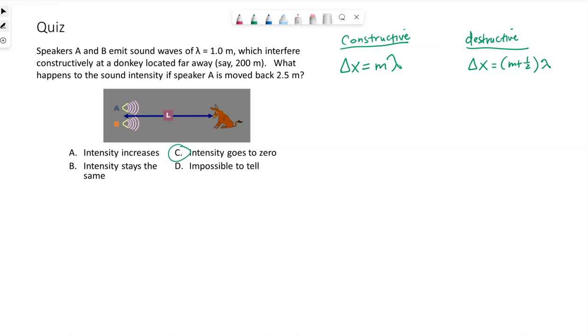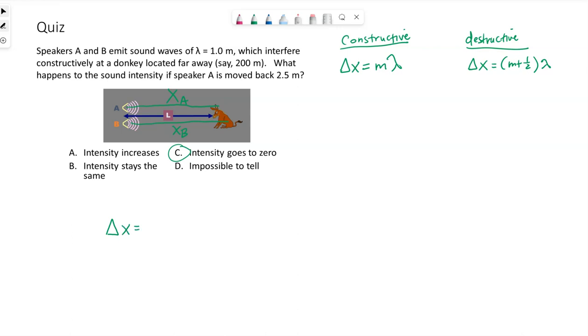So in this case, we're thinking about how far these sound waves travel from speaker A to this donkey, and then how far these sound waves travel from speaker B to get to this donkey. They're telling us they interfere constructively in this initial condition.